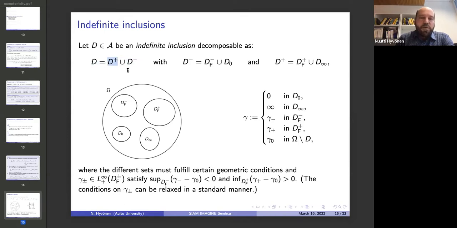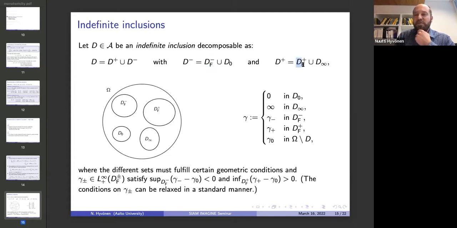It is composed of a positive part that is more conductive than the background and a negative part that is less conductive than the background. Furthermore, the less conductive part is composed of an ideal insulating inclusion and a finite inclusion that is less conductive than the background.